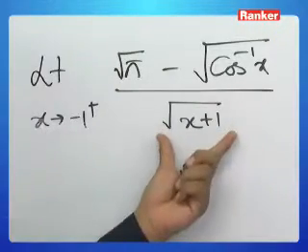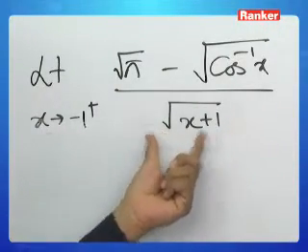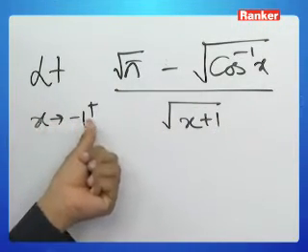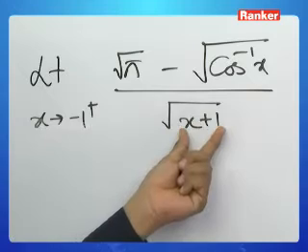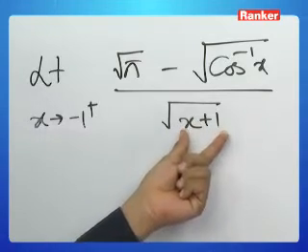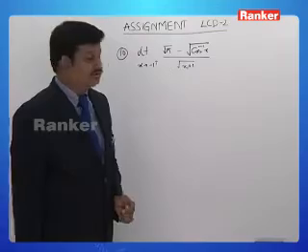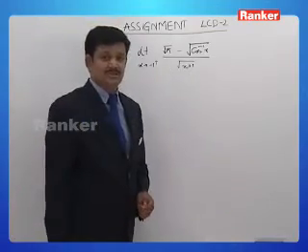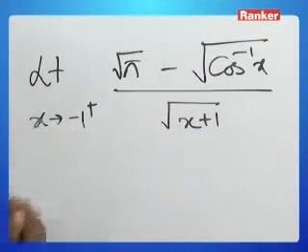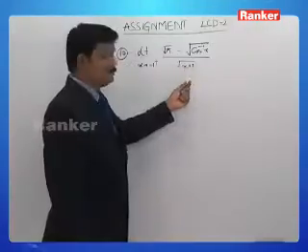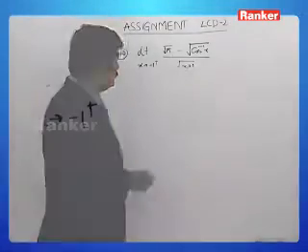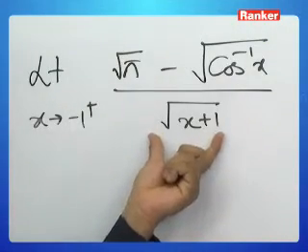So there is no problem with the domain. Had it been limit as x tends to minus 1 minus, x plus 1 would be 0 but slightly less than 0, and because the quantity under root cannot be less than 0, the answer would be does not exist. But here, as x tends to minus 1 plus, x plus 1 is slightly greater than 0, so there is no problem with the domain of definition.